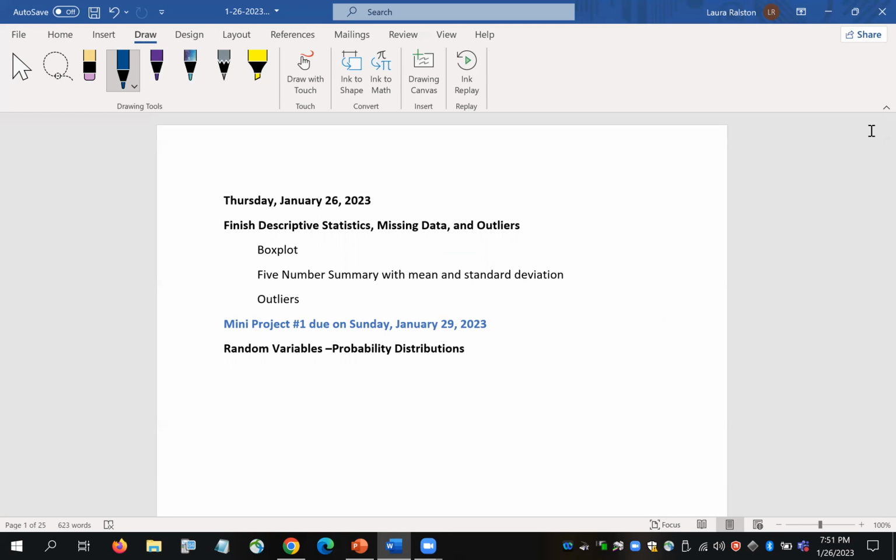I did not get through random variables far enough for you to do the homework. We did not finish random variables. We will pick back up with discrete probability distributions, specifically with the binomial, next Thursday, and then continue that discussion with the continuous probability distributions, specifically the uniform and the exponential.